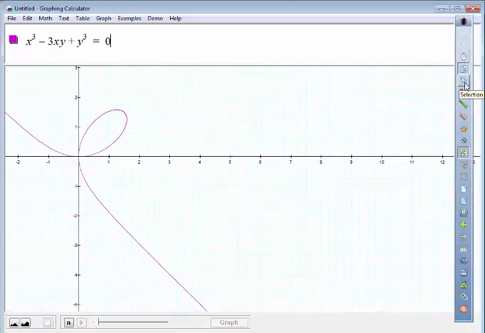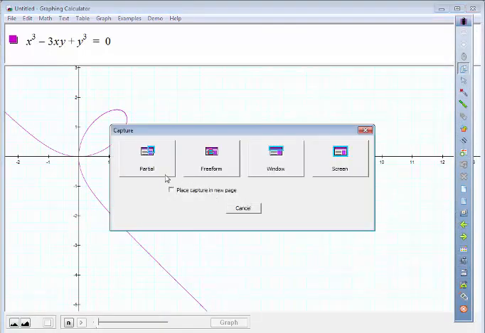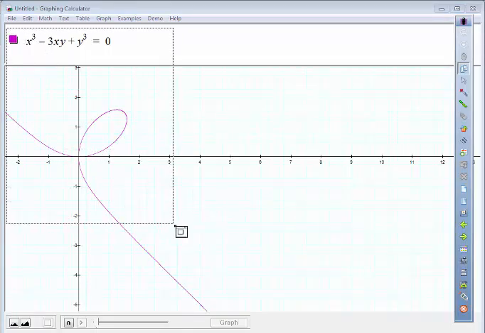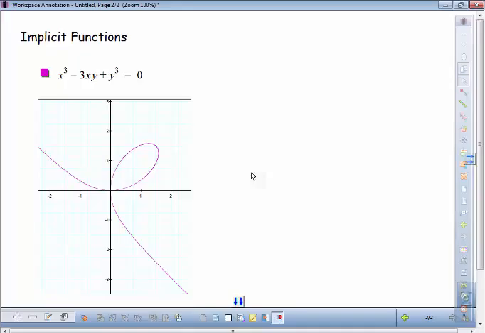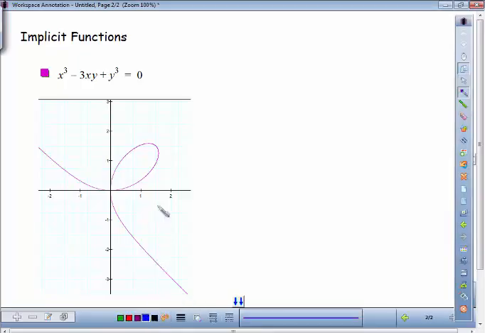So if we take a look at this graph and just take a piece of it, let's say maybe this piece right here, then that would pass the vertical line test, and that would be a function. So this possibly would be y is equal to some function of x.